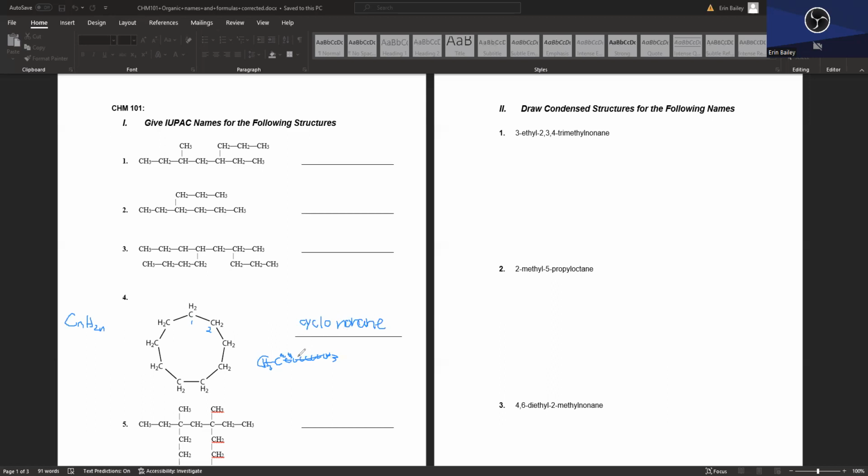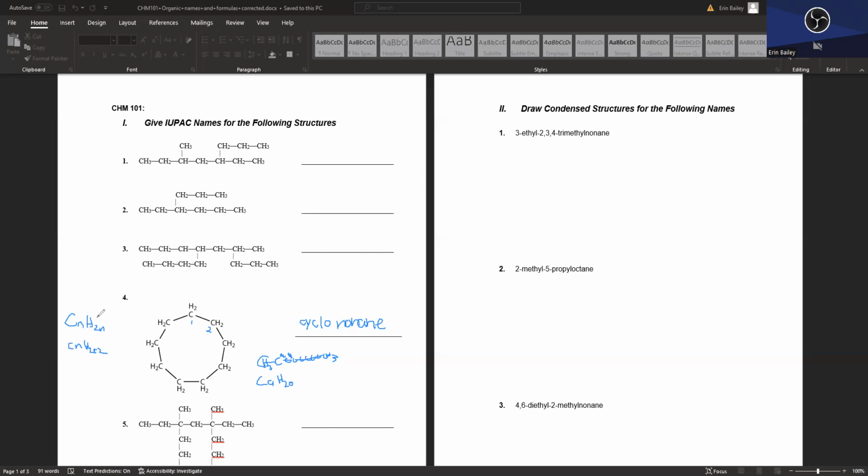For regular nonane, the chemical formula would be C9H20, because I know it's going to be CnH2n+2, because you have 3 hydrogens on each end. So that's where we get the plus 2.